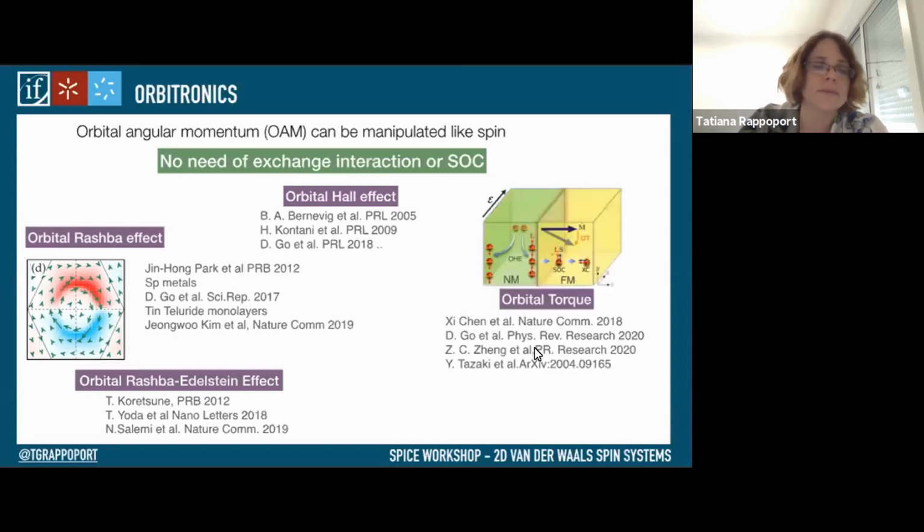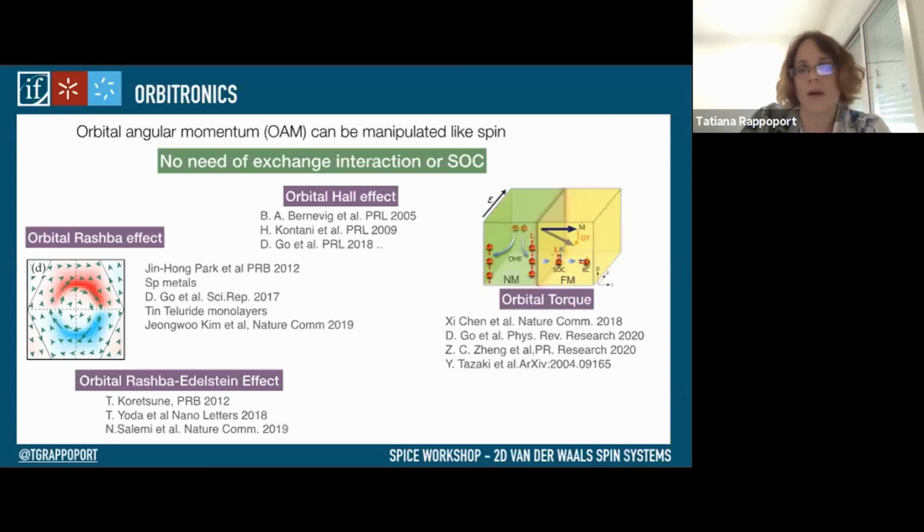And more recently, there was a first proposal of using orbital torques to switch the magnetization in ferromagnetic layers. And in the last 2 years, a few experiments on orbital torque in metallic multilayers, many times using a material with very weak spin-orbit coupling, like copper, for example.